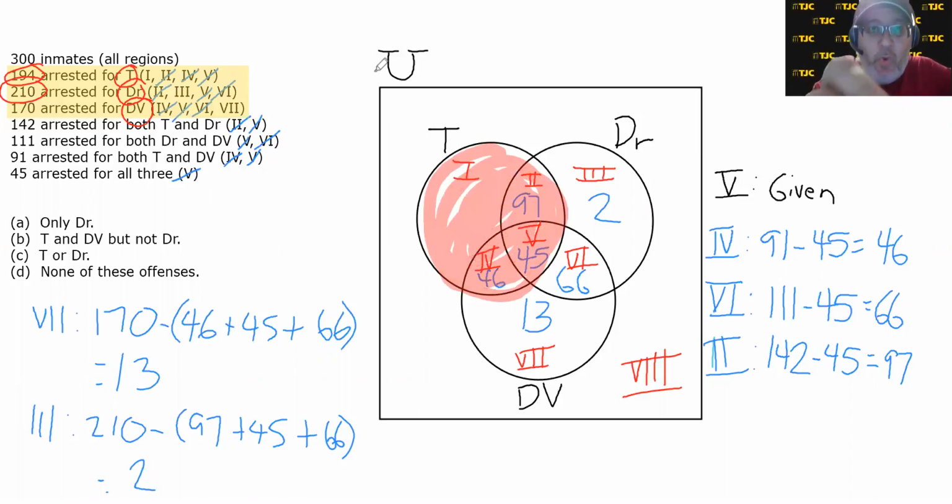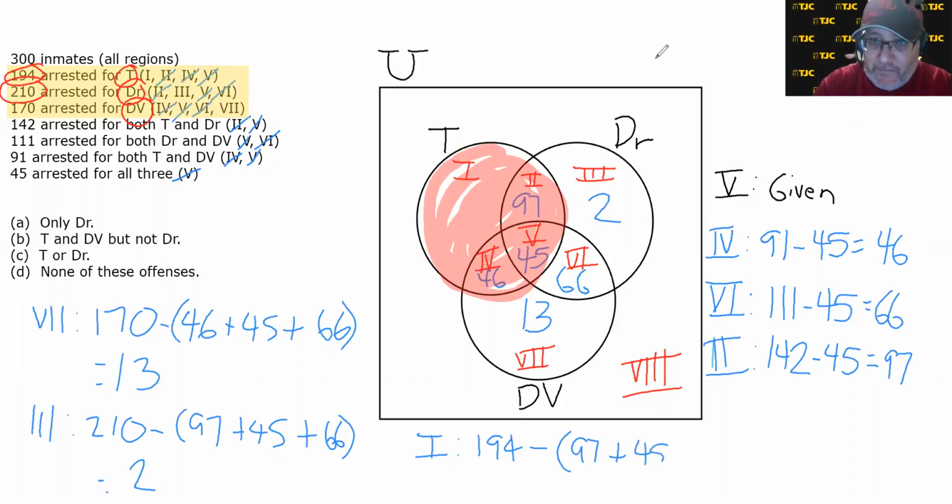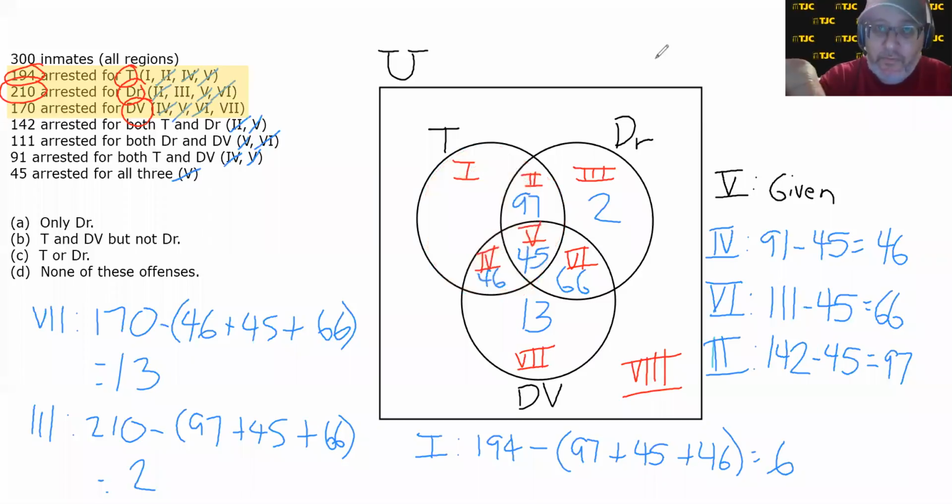Since those have to add up to 194 and the only missing region is region 1, then region 1 is 194 minus the sum of the numbers that are already in there: 97 plus 45 plus 46. And let's see what that would give us. 194 minus 97 and 45 and 46 gives us 6. Not a large number, but a number nonetheless.